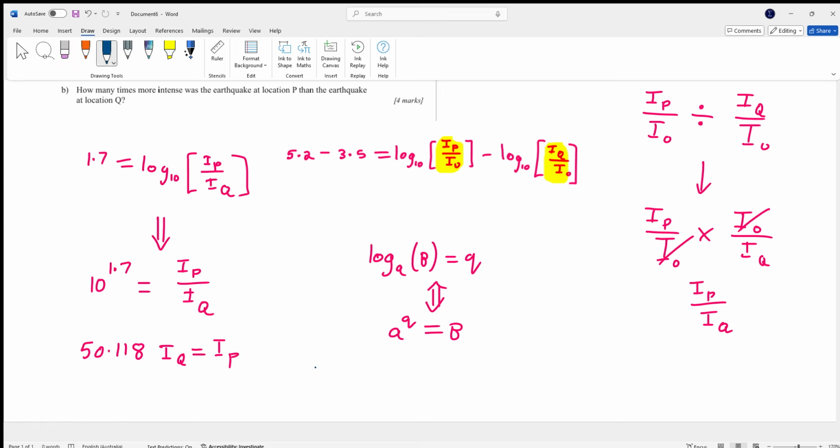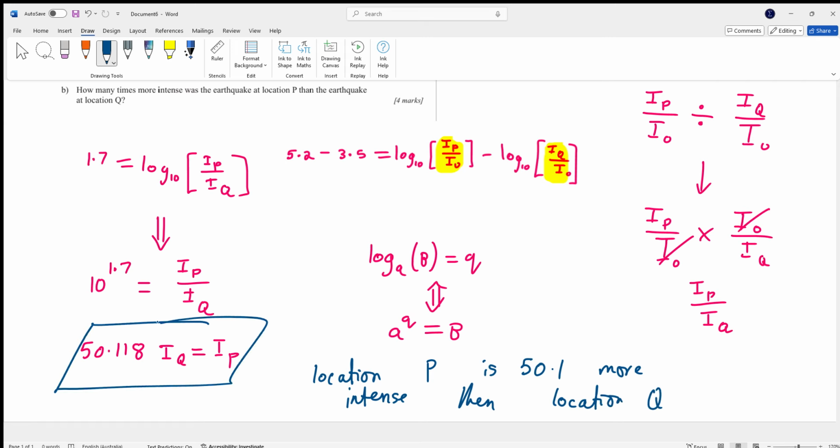So location P is exactly 50.1 times more intense than location Q. That's what I'm getting from this equation here, and I'm assuming that's the answer to the question.